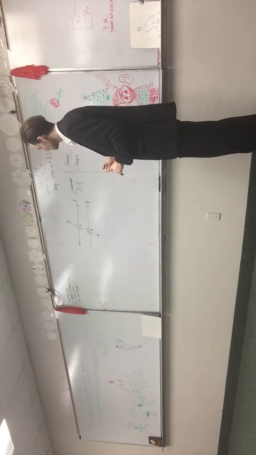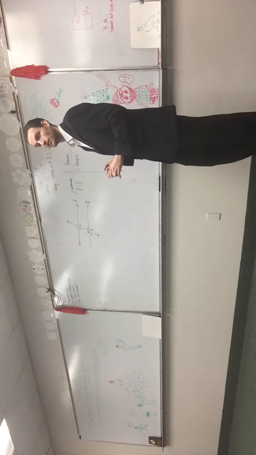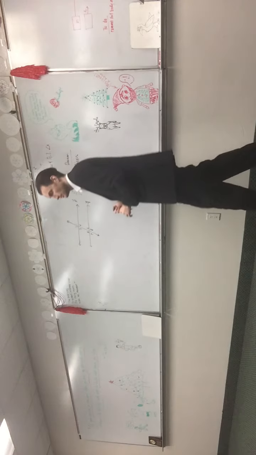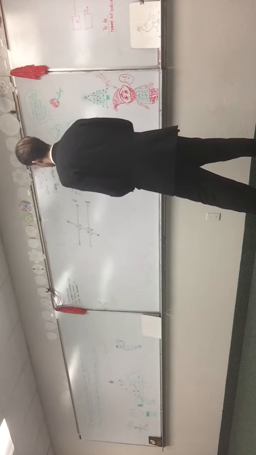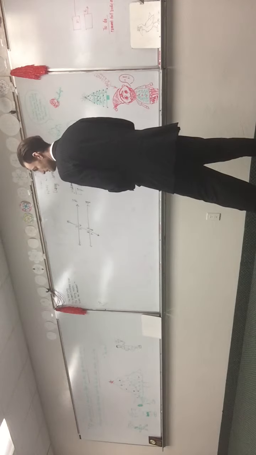So what should I use? Angle 1 is congruent to angle 5. And then you can say that angle 5 and 7 are vertical. But I didn't say you could use vertical angles. Then you do 5 and 3, and then 3 and 7. Yes, I could.